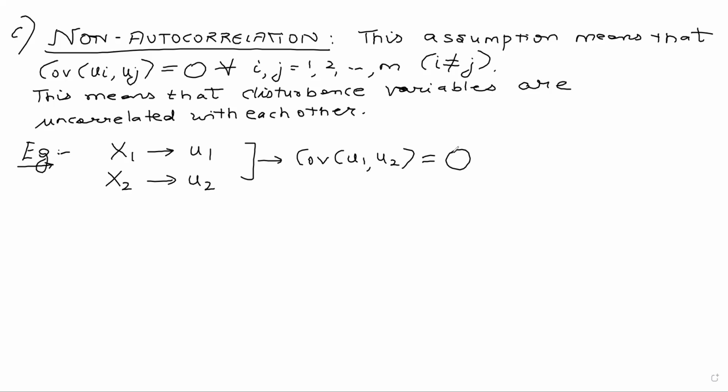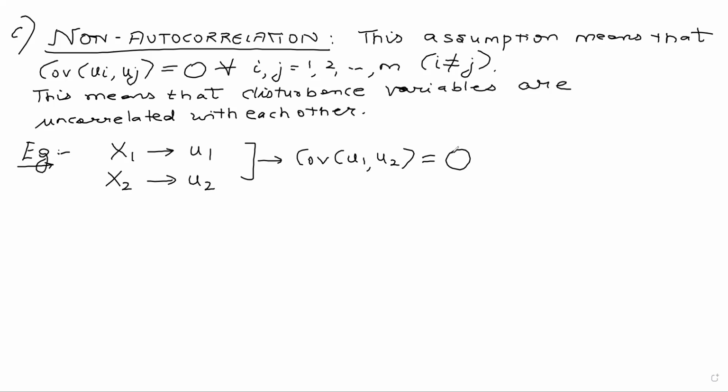They do not share any correlation. So you cannot observe any pattern between two disturbance variables. Every disturbance variable follows its own trend. It's not dependent on the other. I hope that students have understood and have no doubts.